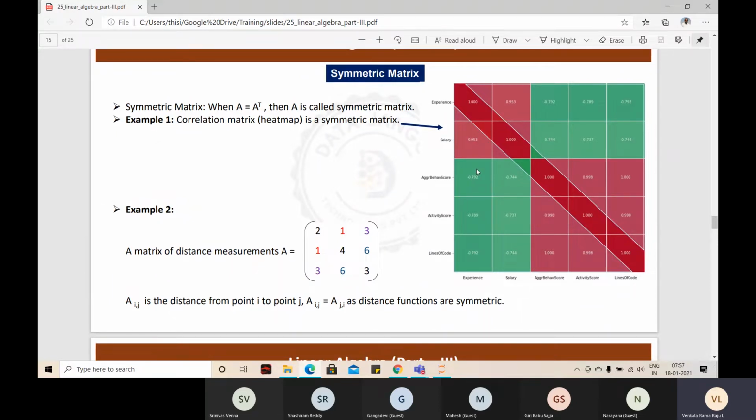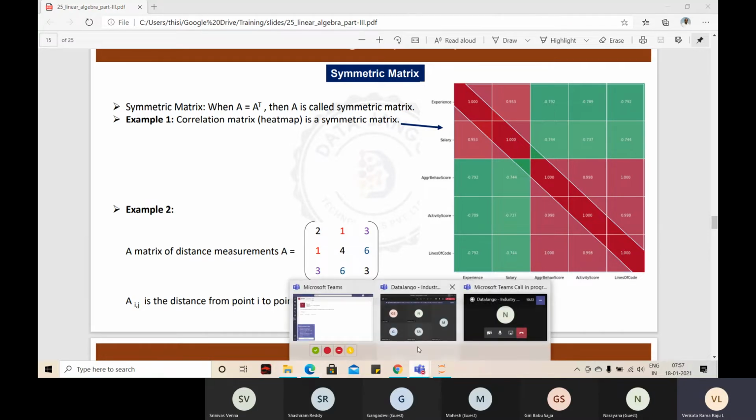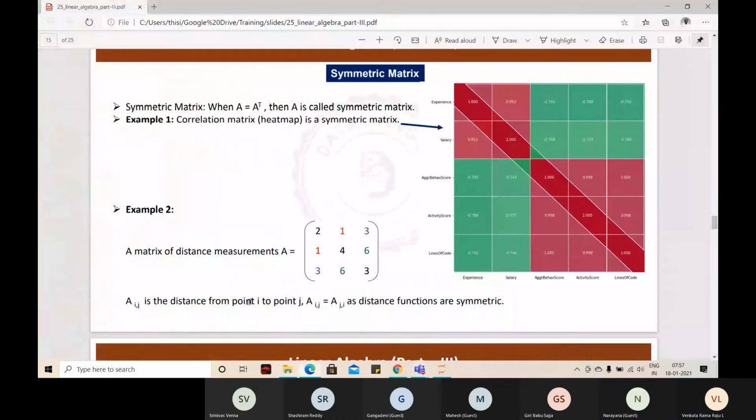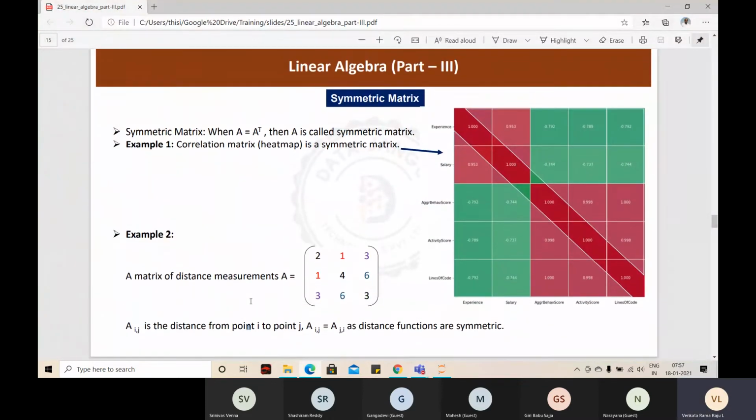If you have to calculate correlation between two columns, what will you do? Do you remember the formula for correlation?